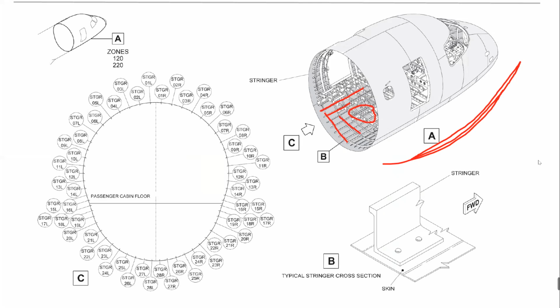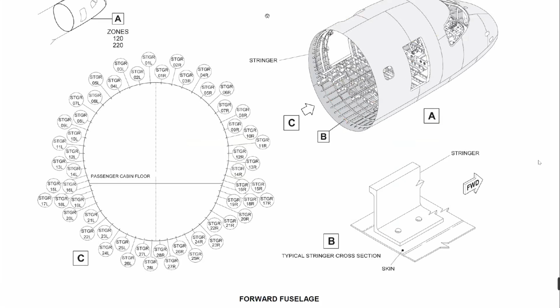You can see the cutouts. Forward entry door, forward service door. Here we have this opening for the flight crew windows. We have one passenger window here. Okay. In addition, when you talk about the lower area, I'll show you other openings.